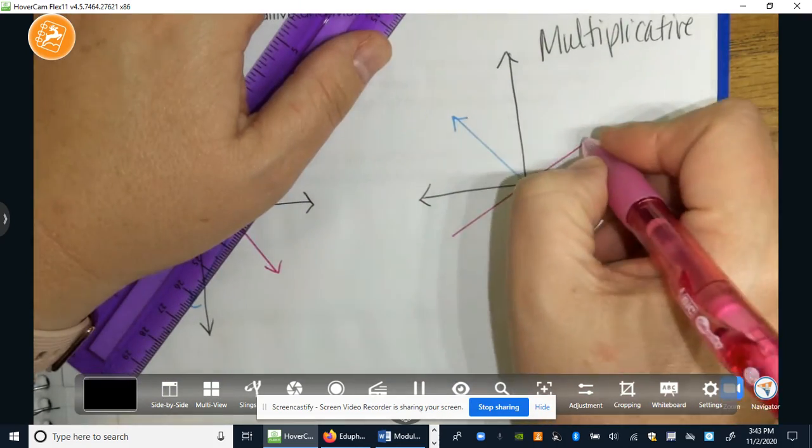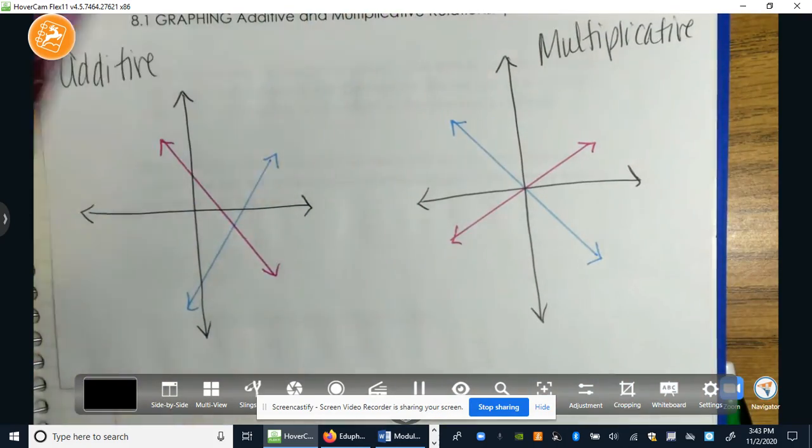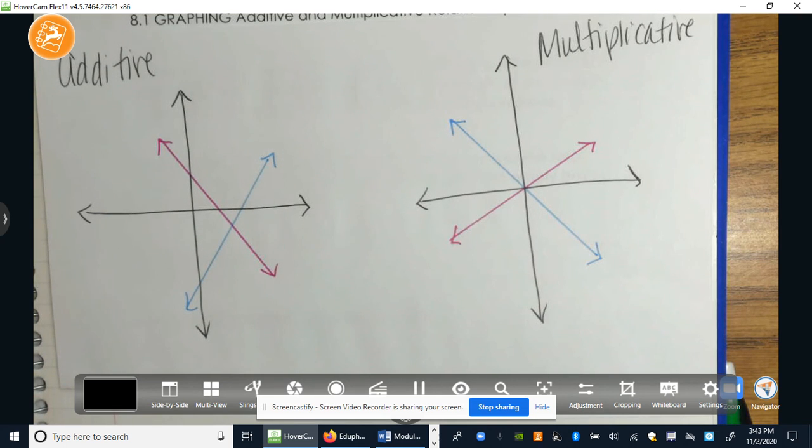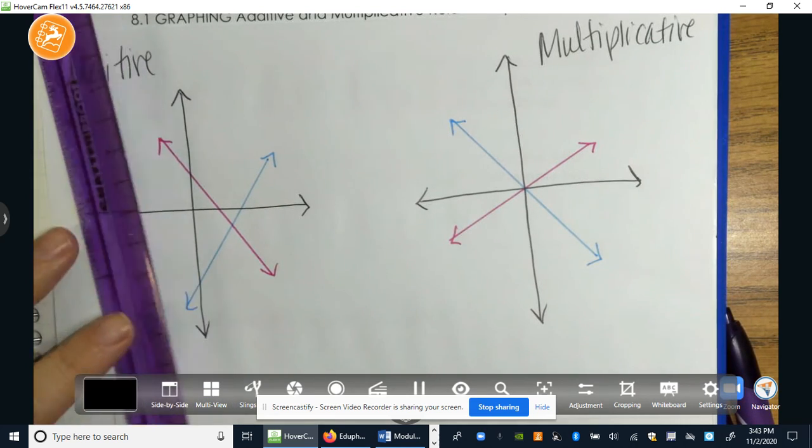Where this one right here would be a multiplicative relationship. Just looking at the graph, okay? I'm going to draw one more line.